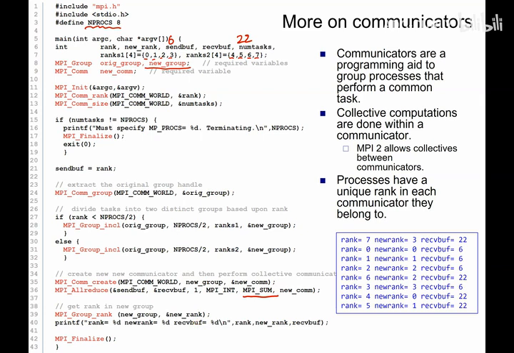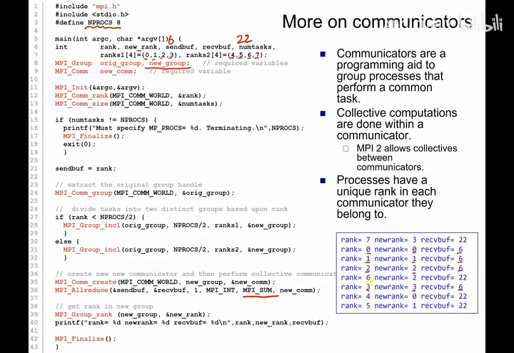If you run this, you could get an output maybe like this. The processes with old ranks 0, 1, 2, 3 have new ranks again 0, 1, 2, 3, and the value they receive is the sum of 0, 1, 2, 3, which is 6.